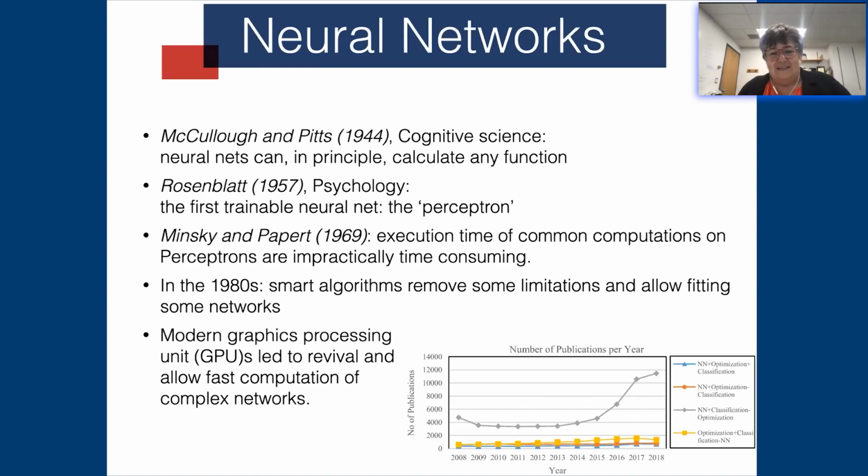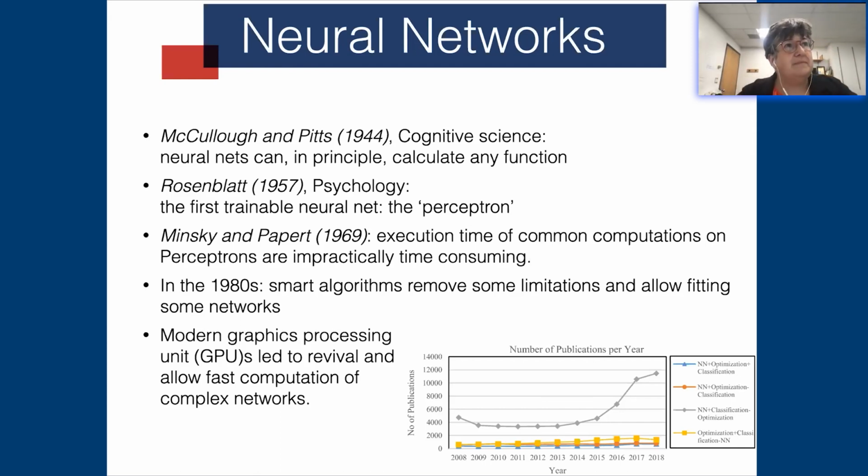In 1969, Minsky and Papert together essentially managed to kill the whole area of neural networks before it was being revived, because they were showing that the execution time for very common computations for neural networks were at the time impractically time consuming. So the computational power in 1969 just wasn't there yet.